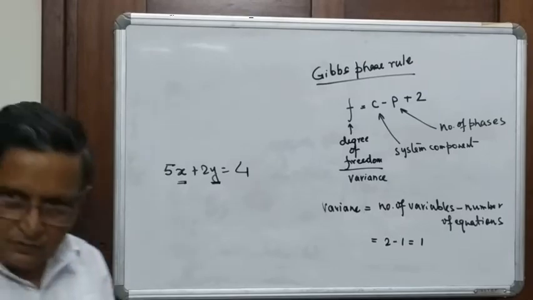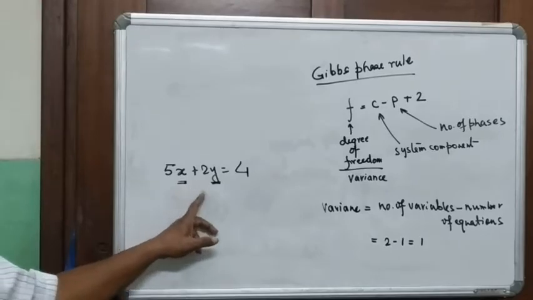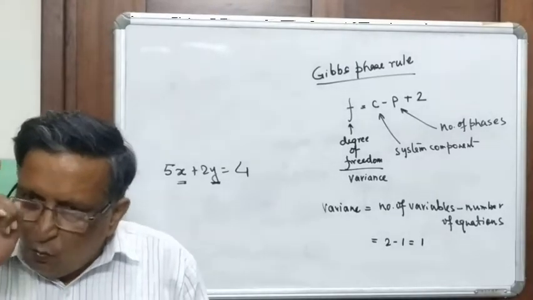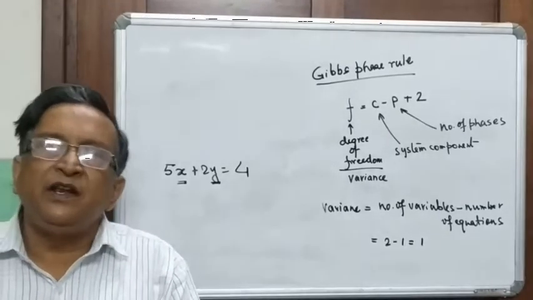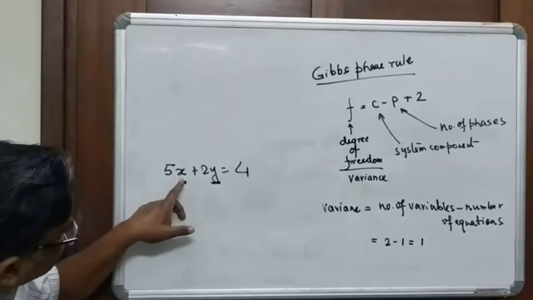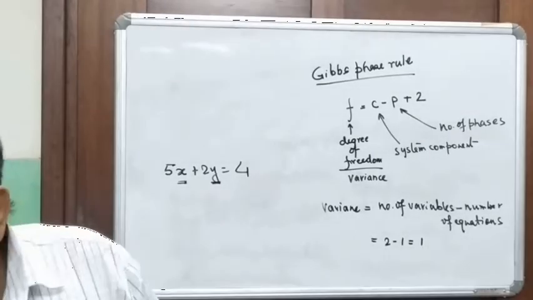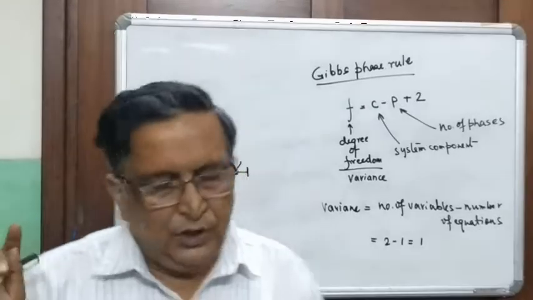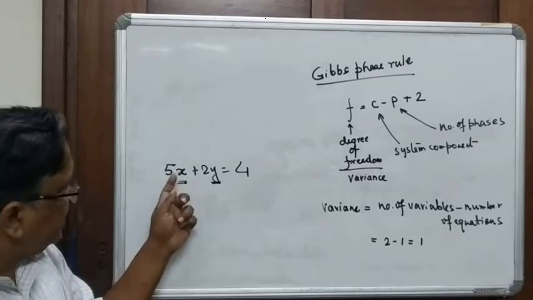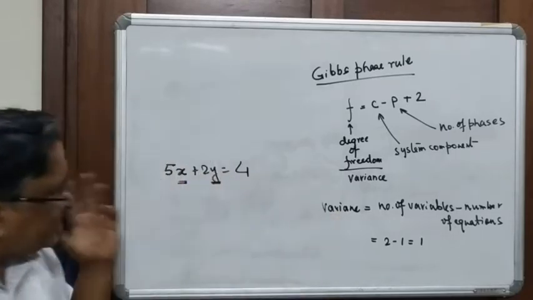What does this mean? That you have two variables and one equation. So one variable will remain undetermined. You cannot find unique values of x and y from this one equation.